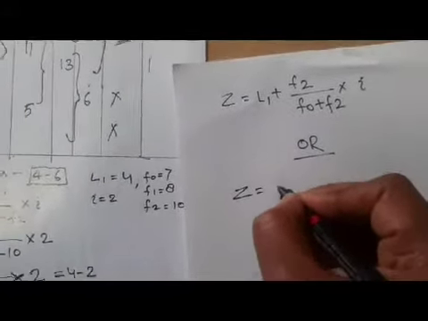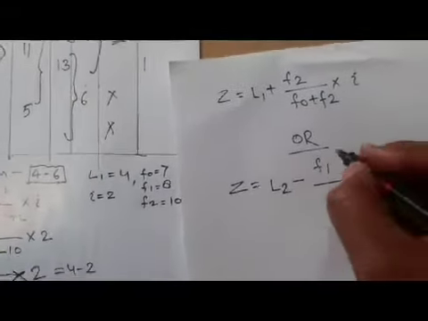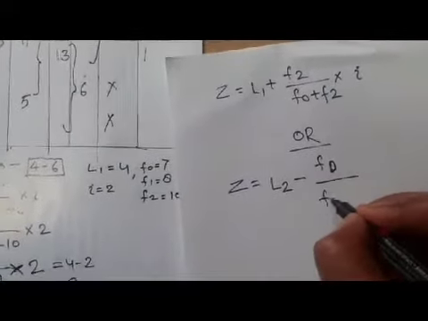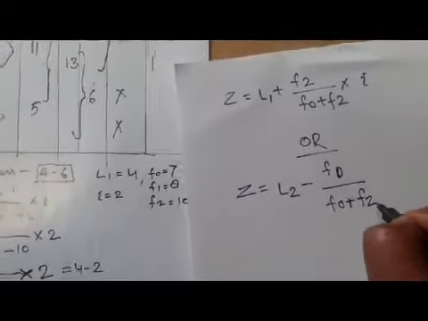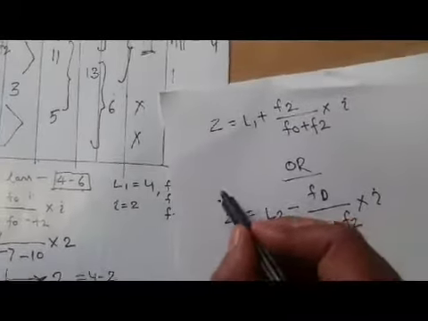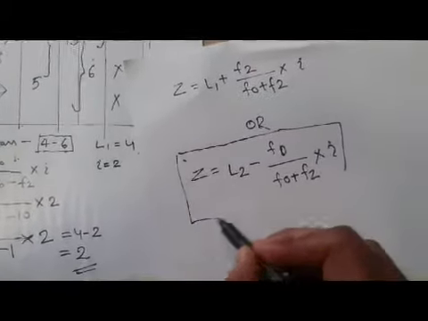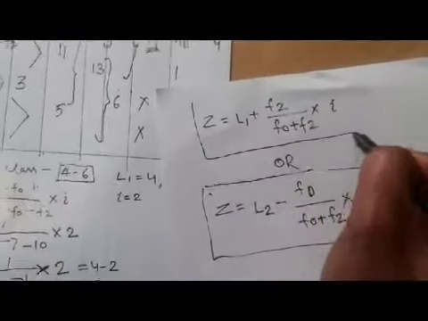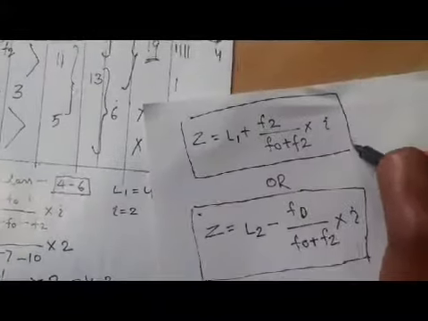Then the formula will be Z equal to L2 minus F0 upon F0 plus F2 into I. So you can use either formula, the one in which you use the upper limit of the class, or the one in which you use the lower limit of the class.